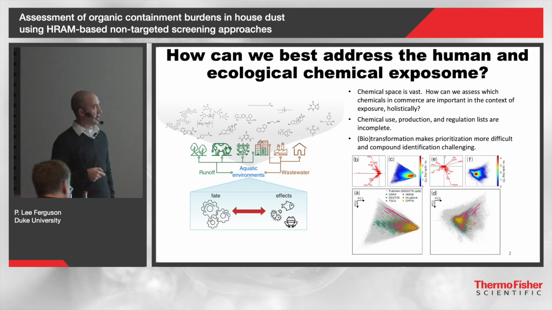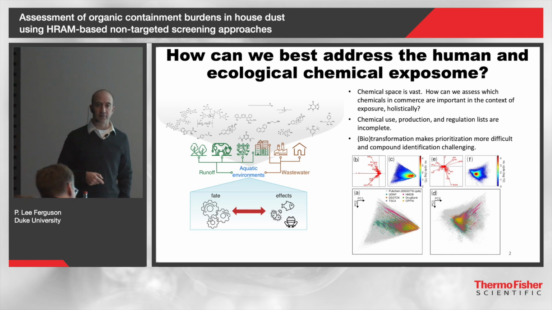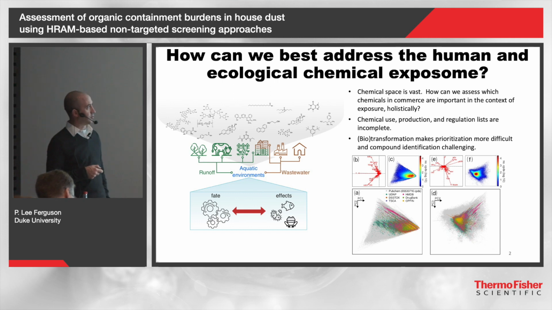The challenges we face include incomplete information about what is actually being used, especially in the US. We don't really get a lot of information on chemical use and production. Also, biotransformation and other things make prioritization difficult.